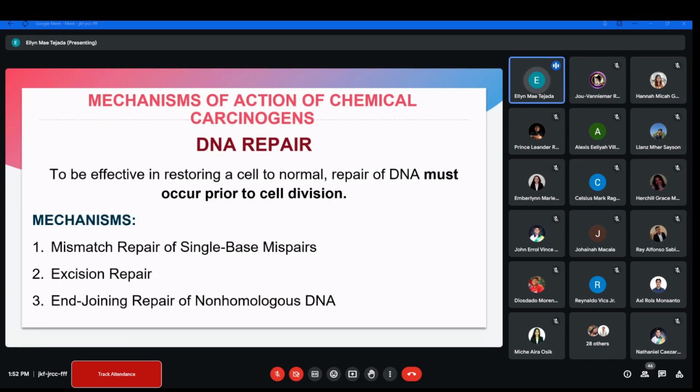Before we move on to the next category of chemical carcinogens, we have here your DNA repair and the damage due to modification of DNA. These are from your genotoxic agents. If you still have time before the exam, kindly include in your readings the classes of genotoxic carcinogens.